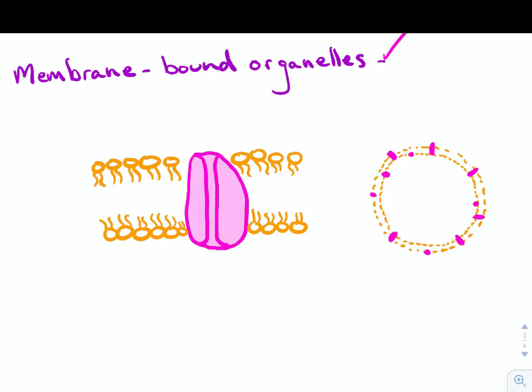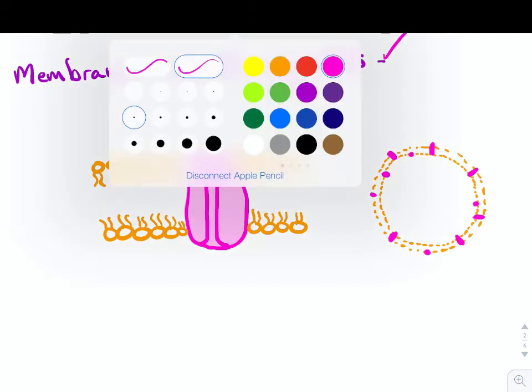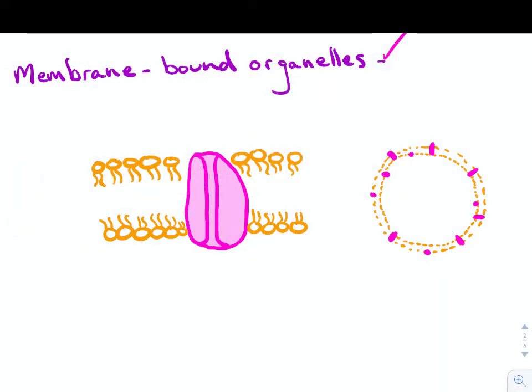If you were to zoom in on a membrane, it's made up of macromolecules, just like we were talking about previously in this unit. Right here we have phospholipids, a phospholipid bilayer, and if you were to drop these into a liquid like water, it would arrange into this structure here, just a round circle, which encloses itself.